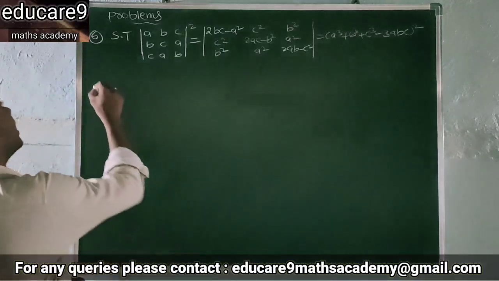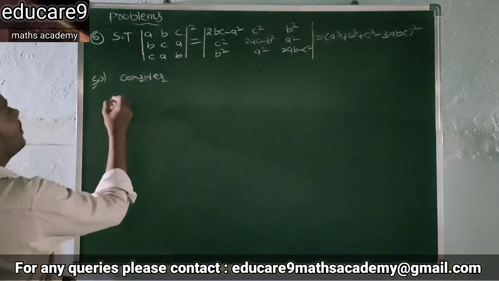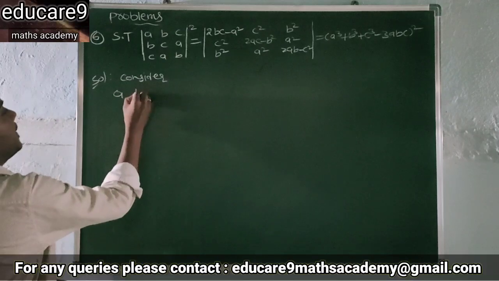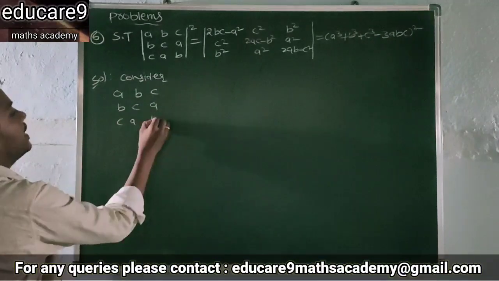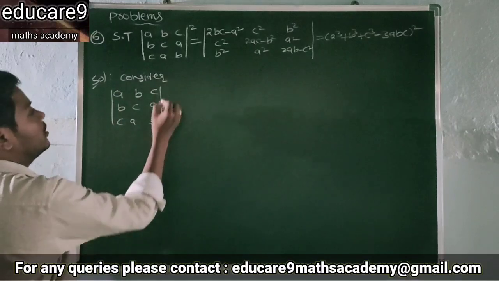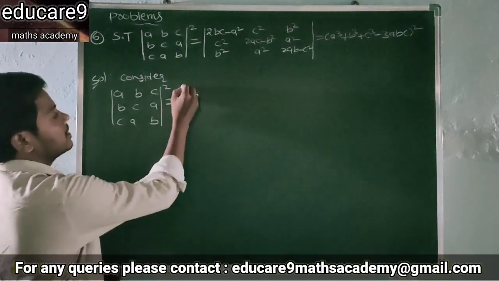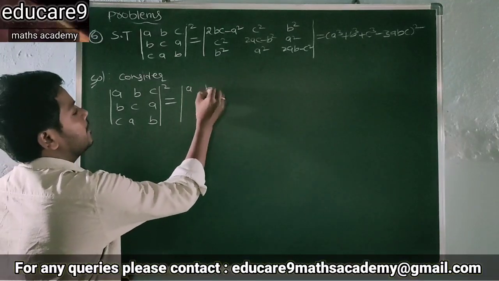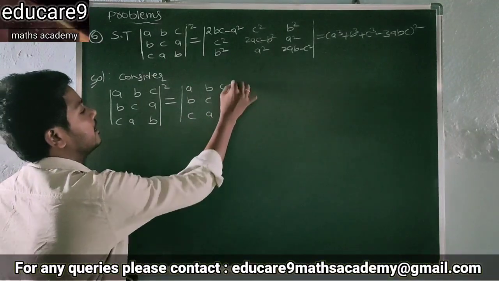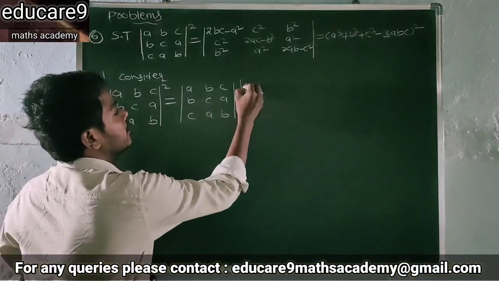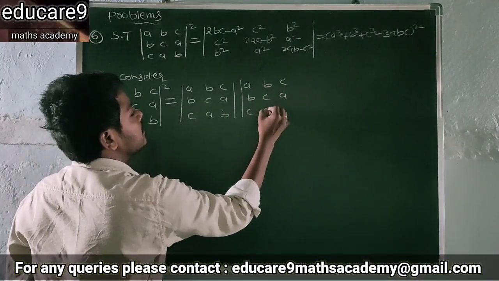So see the next one. First consider the matrix [A, B, C; B, C, A; C, A, B] whole square. So this can be written as [A, B, C; B, C, A; C, A, B] into again [A, B, C; B, C, A; C, A, B].